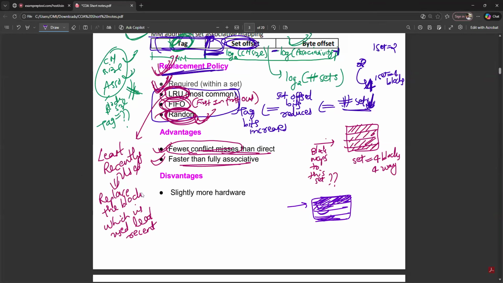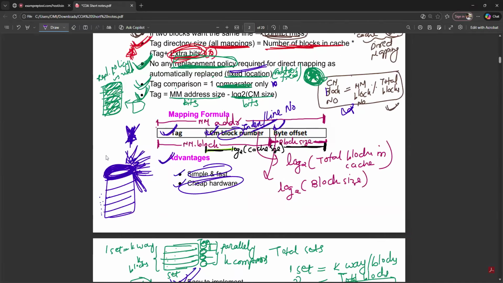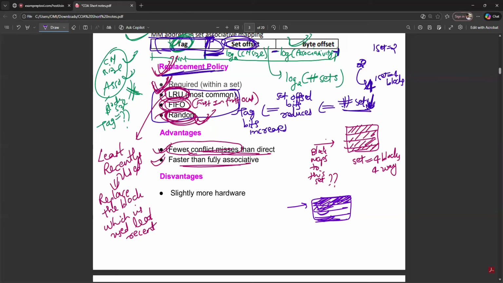But in direct mapping, if many requests come, the block is fixed. So there are many conflict misses in direct, but fewer in set associative.